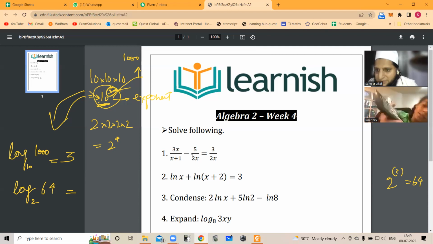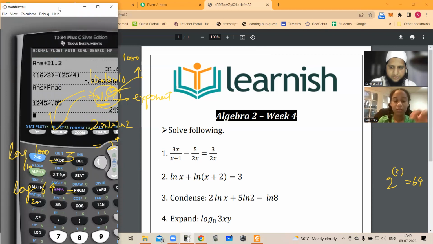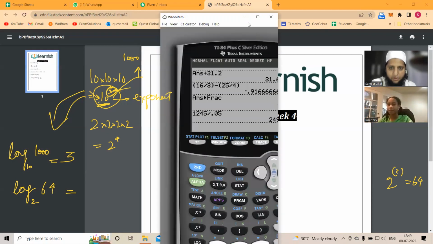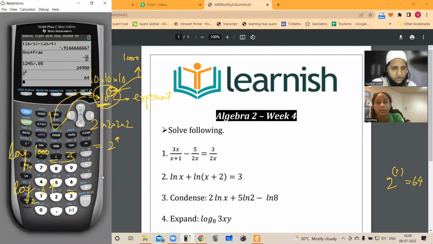Okay. 2 to the 6th power. I'll be doing it on my calculator. 2 raised to the 6 is 64. You're absolutely right.